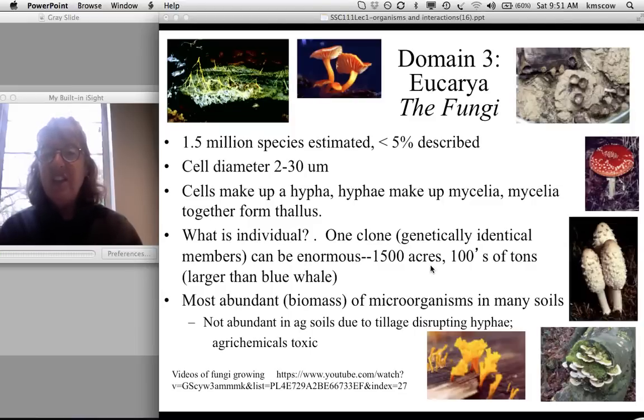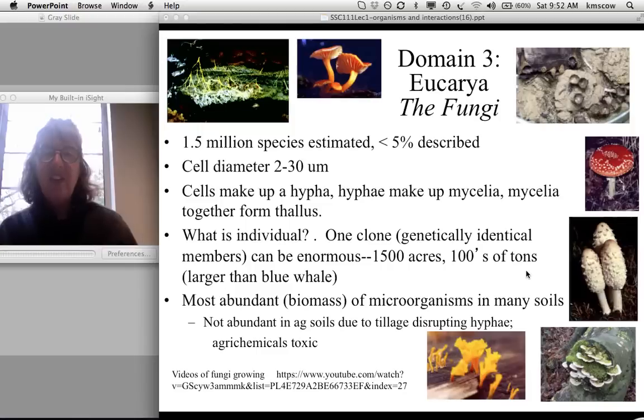Thousands of tons of biomass. You can go in and sample those hyphae across all these acres and see that they're genetically identical, that they're the same individual, even though they are widespread over such a big area.